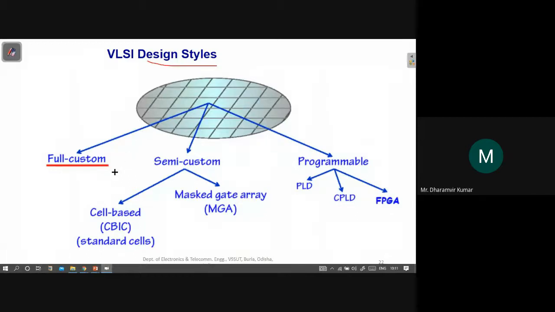There are a few different kinds of VLSI design styles that are available. We have full custom, we have semi-custom, and then we have some programmable design styles. In semi-custom, we have the standard cell based approach, and the masked gate array approach.